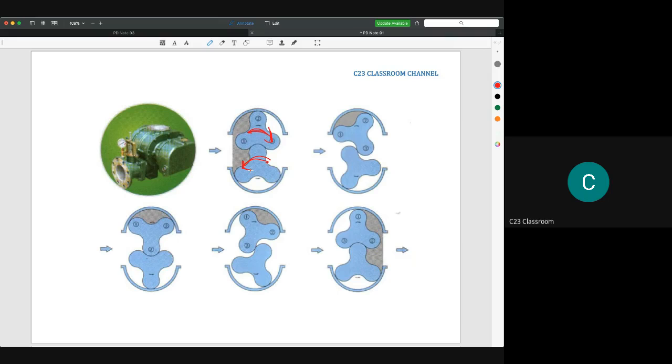At the same time, it could carry a small amount of liquid from left to right at the top, and at the same time it brings water at the bottom, and then it could flow the water to the outlet like this one.